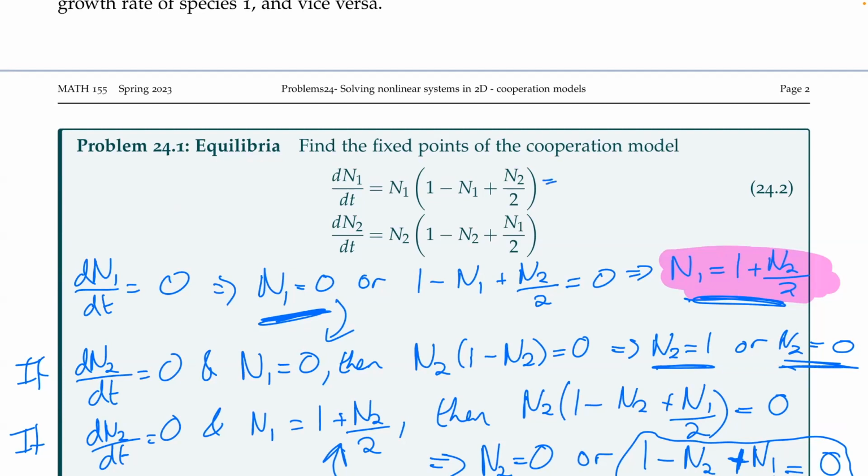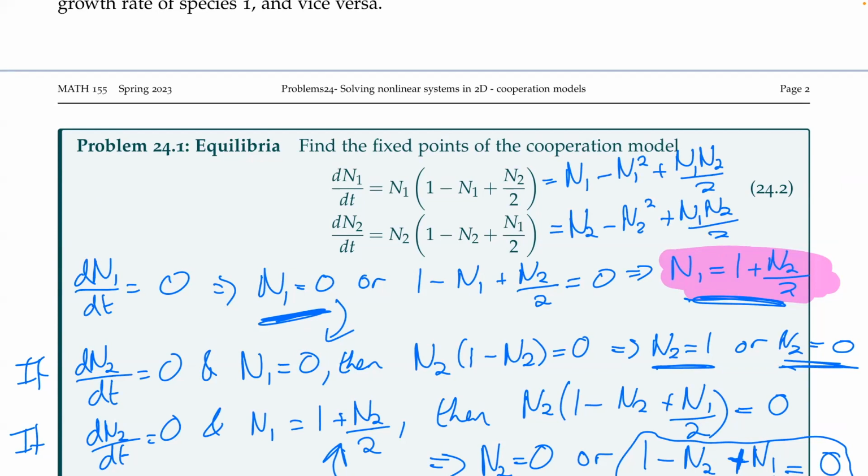If I expand these brackets, I have n1 minus n1 squared plus n1 n2 over 2. Likewise, here I'll have n2 minus n2 squared plus n1 n2 over 2. I think in the solutions I've got a minus here, but that's supposed to be a plus. Hopefully I remember to correct that.